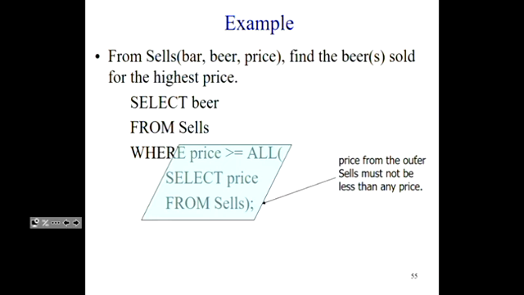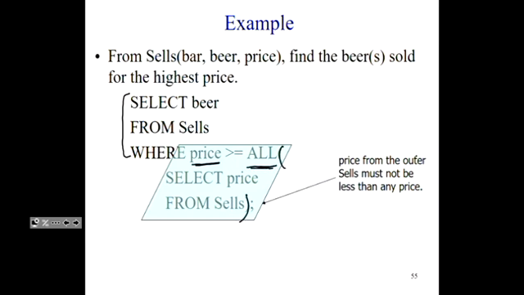So this is an example where we use the all condition. Let's say I have a relation Sells and I want to find the beer sold at the highest price. Basically, I can do this as follows. I have select beer from Sells where price is greater than or equal to all of select price from Sells.